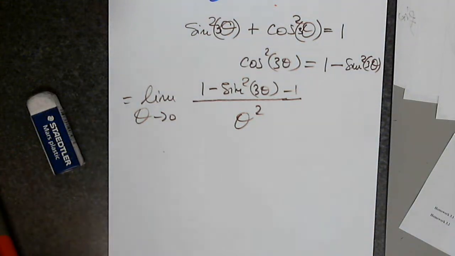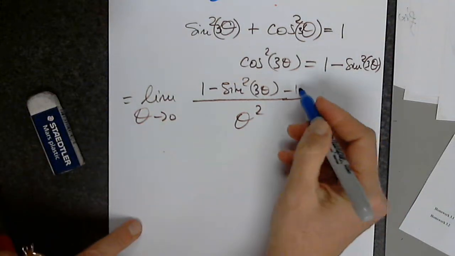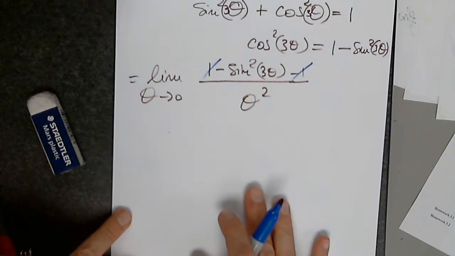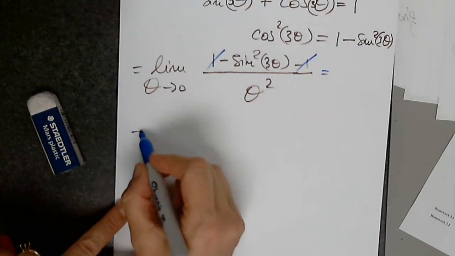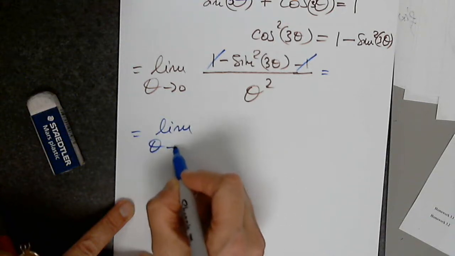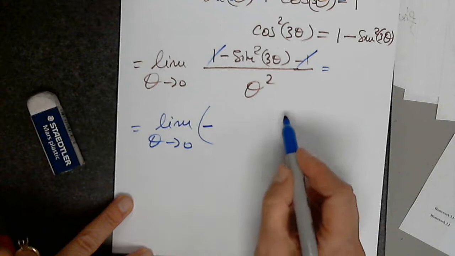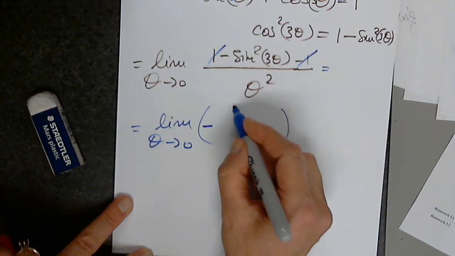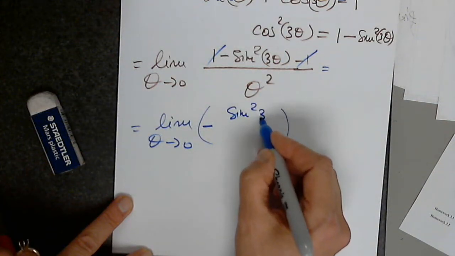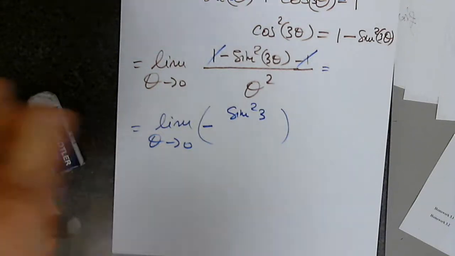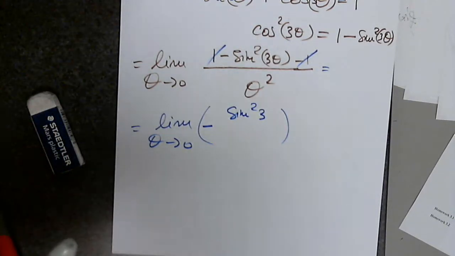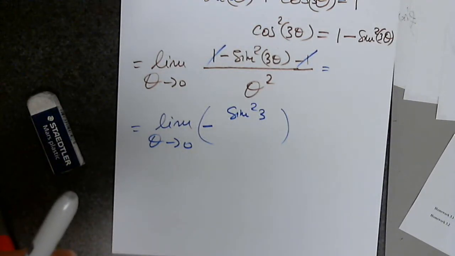What do we notice here? Those go away. And this is more human now. The minus stays in front. Sine squared. And maybe I should address it even better, putting the square outside.